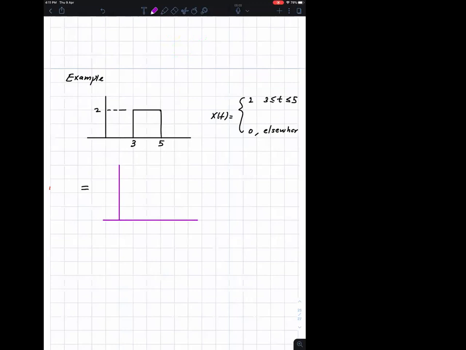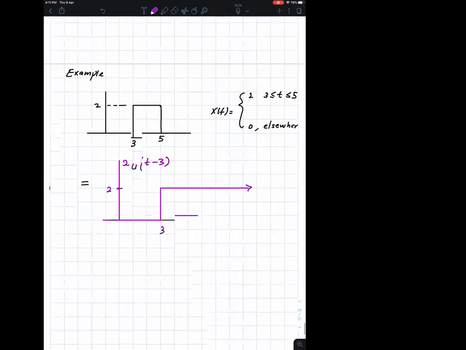One step function will start at 3, with amplitude 2. So when it's starting at 3, inside the parentheses, it should be t minus 3.